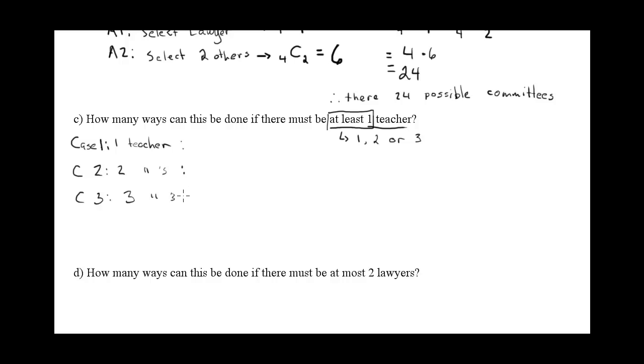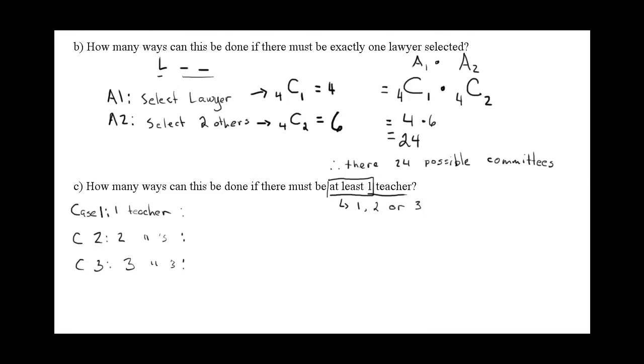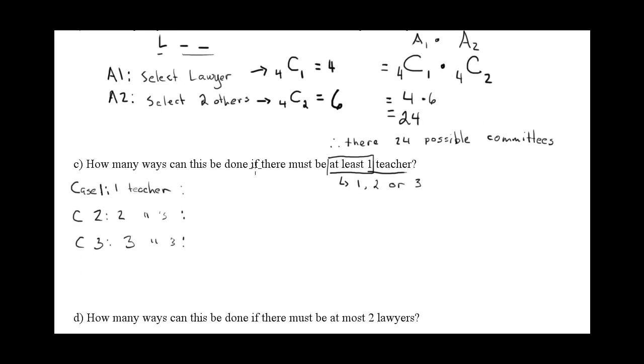So how many ways can we do all these things? Well, again, you're going to have to think about this in parts. So I won't write down as much as I did in the last cases, but just to remind ourselves, we must select 1 teacher. So that's going to be my first action, selecting the teacher. Remember, there are 3 teachers to choose from. So if we want to select one of those 3, that would be 3 choose 1. But remember, we must fill up the other 2 spots in the committee. So you're going to multiply this by those other 2 people.